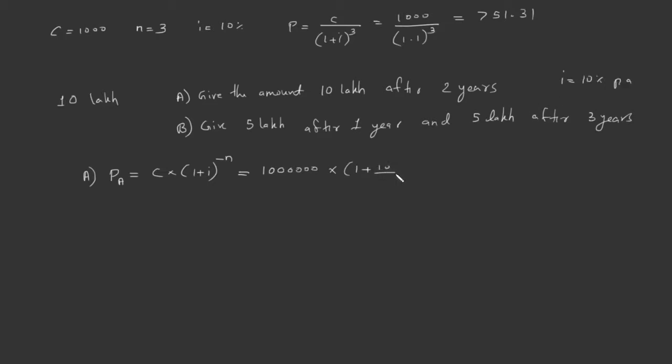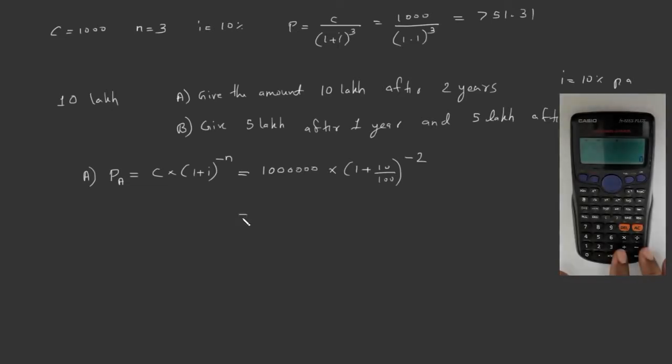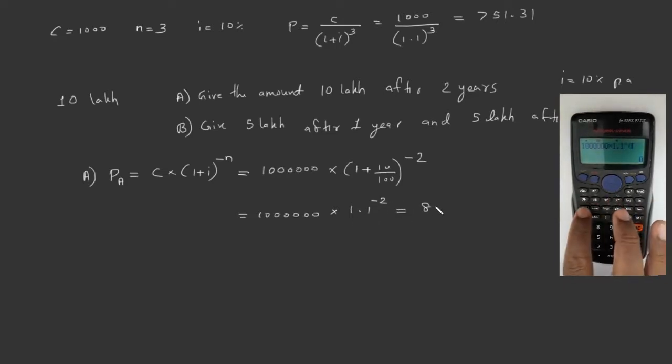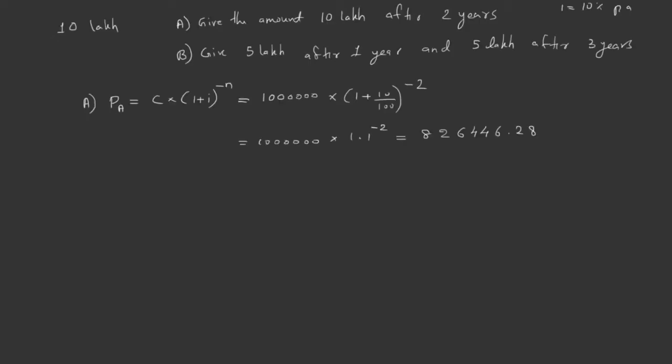So it is (1 plus 10 by 100) the whole raised to minus 2, because here the full amount is given after 2 years. The value is 10 lakh into 1.1 the whole raised to minus 2. I can calculate it as 826,446.28.